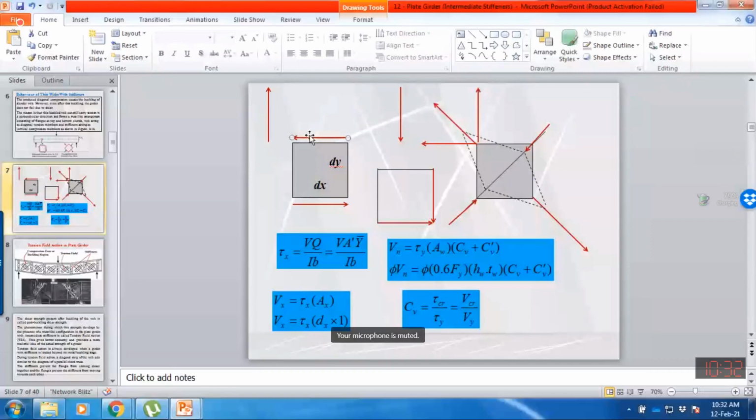And what do you think? Is this element still balanced? Yes, summation Fx is equal to 0, but rotational equilibrium is not balanced. For example, if I'm taking the moment about this corner equal to 0, this force is passing through this corner, so its moment will be 0.